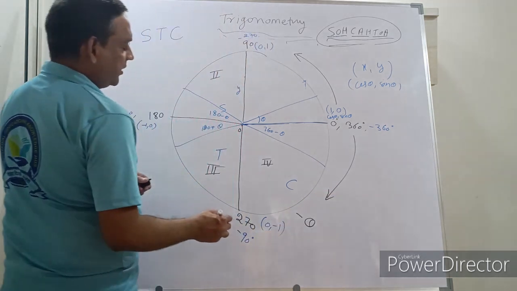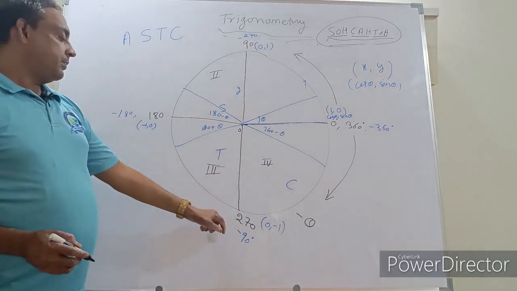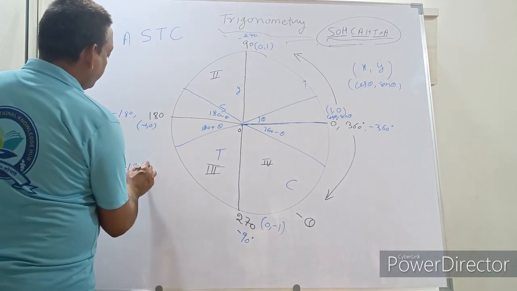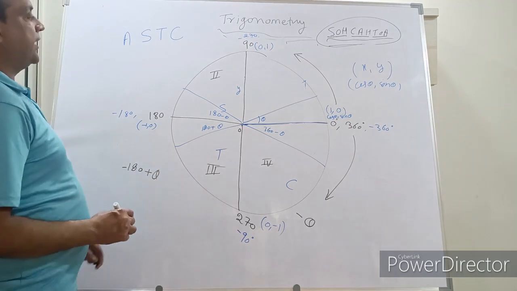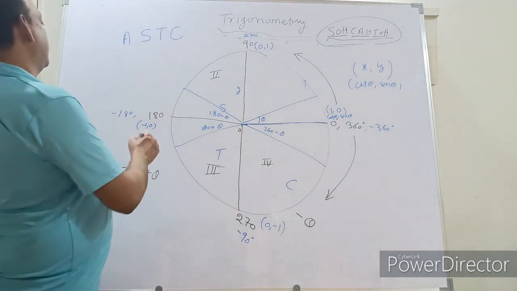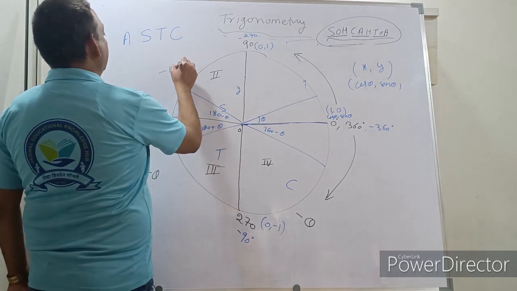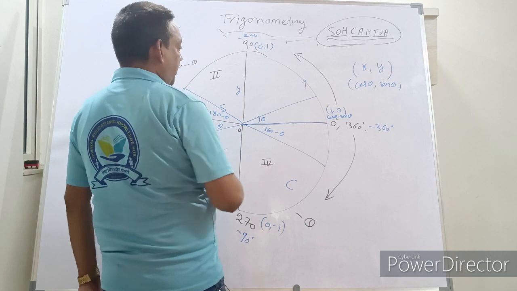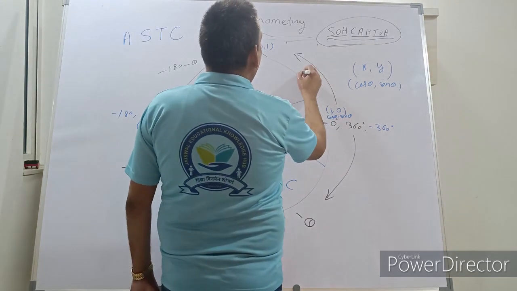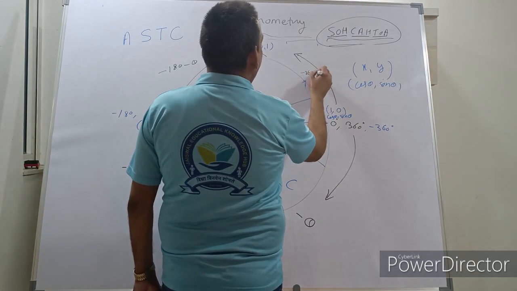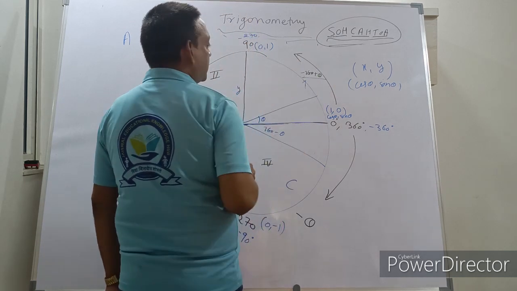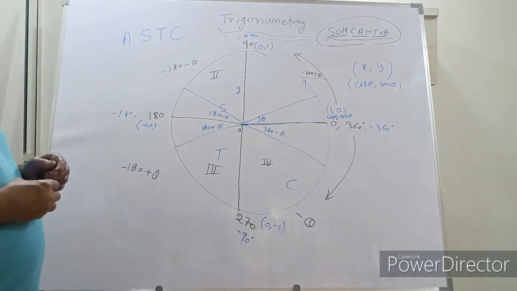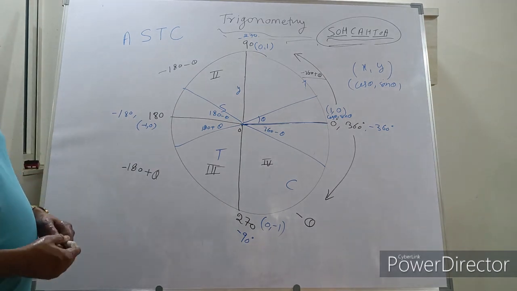If it lies between minus 90 to minus 180, that becomes minus 180 plus base angle. If it lies in this quadrant, here it will be minus 180 minus base angle. And if it lies in the first quadrant, from the negative side, it will be minus 360 plus base angle. Clear?